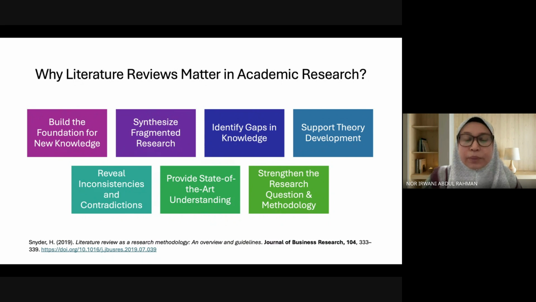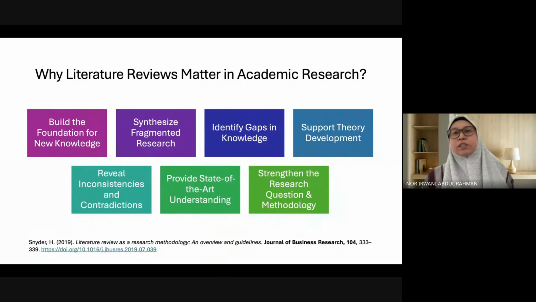Others: LR reveals the inconsistency and contradiction. Your problem is yours. The problem is the context, and what the LR describes is the content. So your problem shouldn't be similar to others.